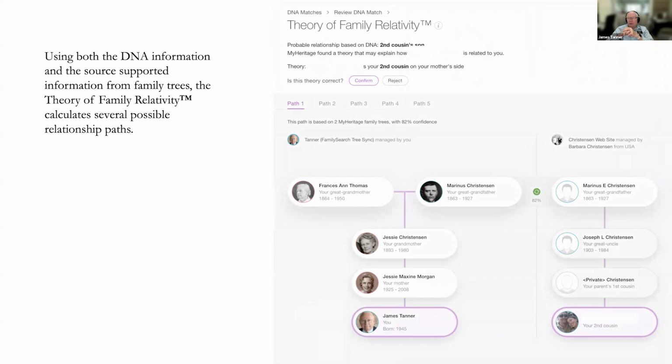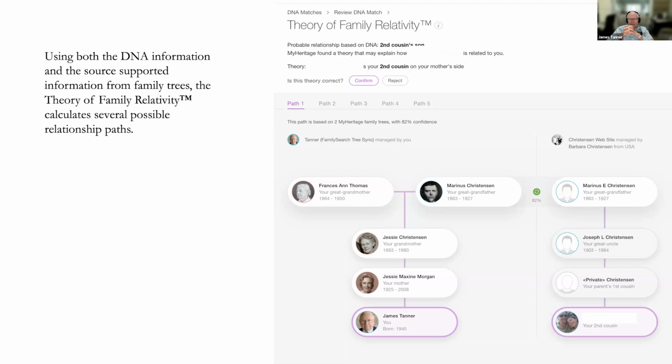One particularly important tool from MyHeritage is the theory of family relativity. And basically it can calculate different ways. You see there's a path 1, path 2, path 3, and up to path 5.